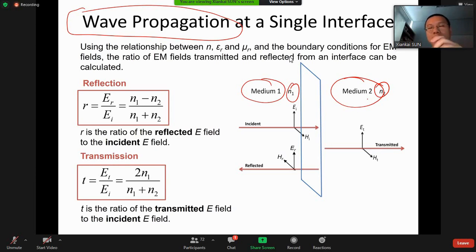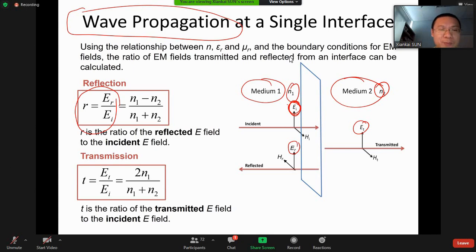Then what is the reflection of the electric field, and what's the transmission of electric field? So here we define the reflection coefficient as the reflected electric field divided by the incident electric field. And for the transmission, we use the transmitted electric field divided by the incident electric field.